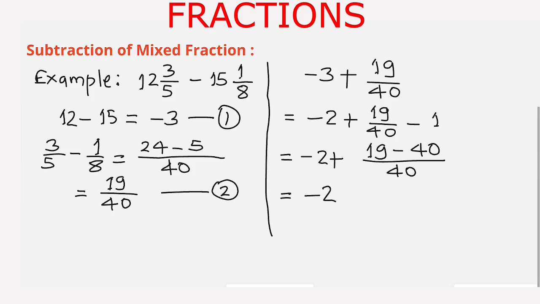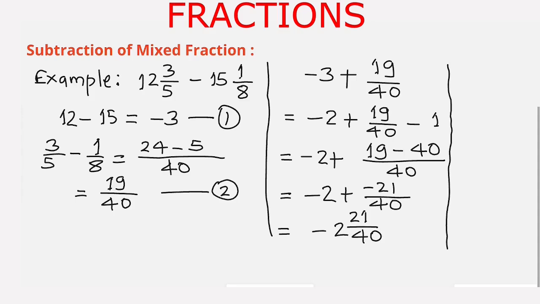This is equal to minus 2 plus 19 minus 40, which is minus 21 upon 40. This can be written as minus 2 whole and 21 upon 40. And this is our answer.